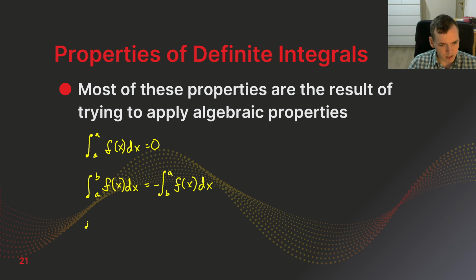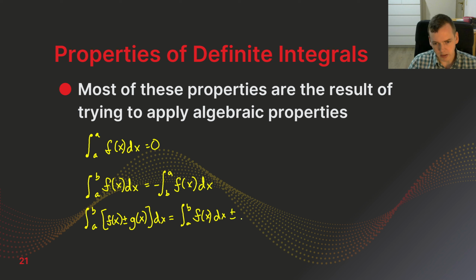Next we have an integral rule with sums. The integral from a to b of f of x plus or minus g of x dx equals the integral from a to b of f of x dx plus or minus the integral from a to b of g of x dx.